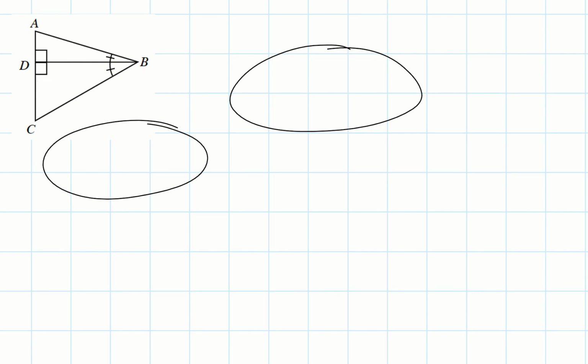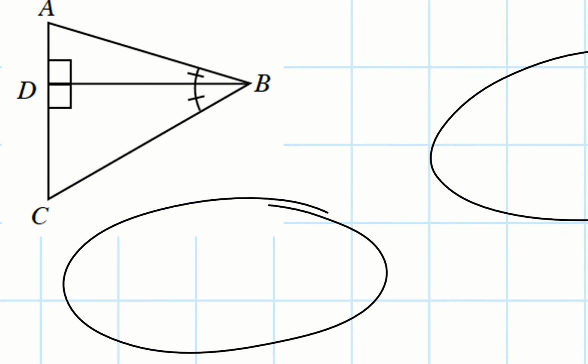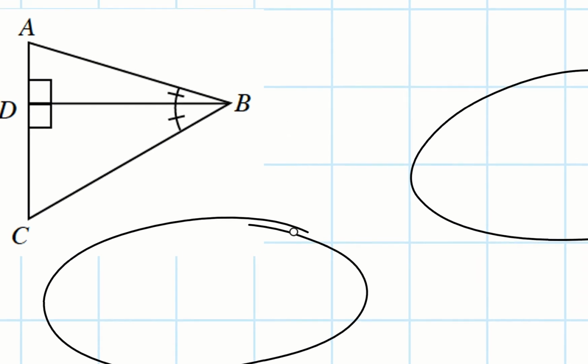Same thing with angle B. If I was to try to talk about angle B, I wouldn't know which angle I'm talking about, because that's at that vertex B, but this is at that vertex B, and the whole thing is at the vertex B. So when we talk about angles that are ambiguous, like this one, if I wanted to talk about the top one, I would have to call this angle A to B to C. So we always do this so that the vertex, the point of the angle, is in the middle.